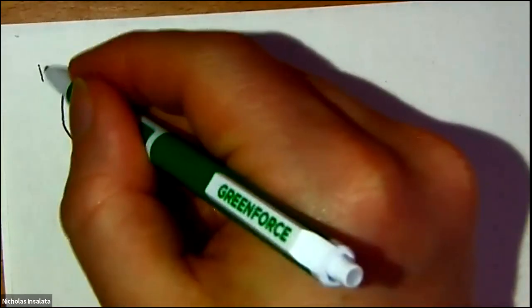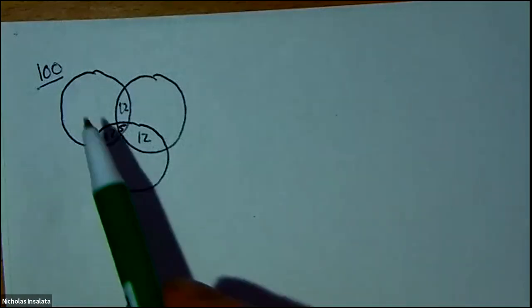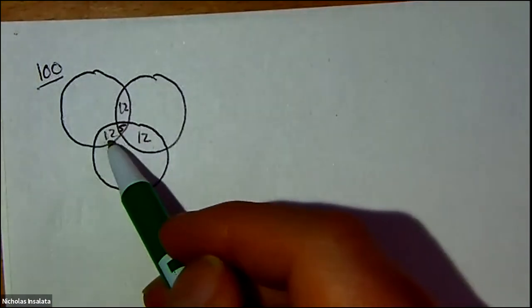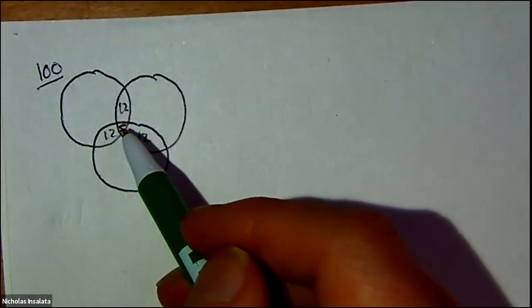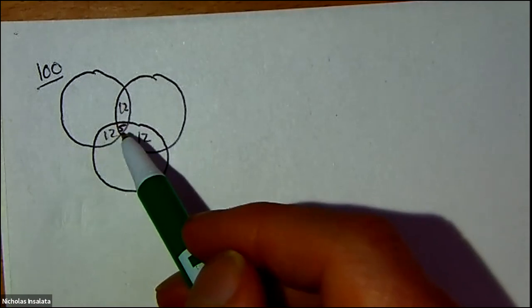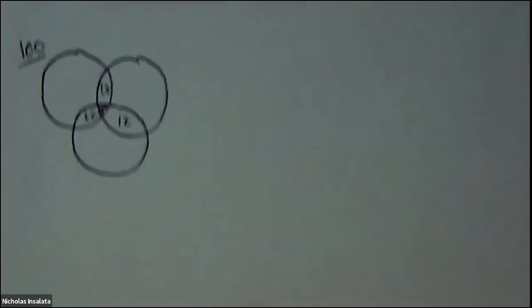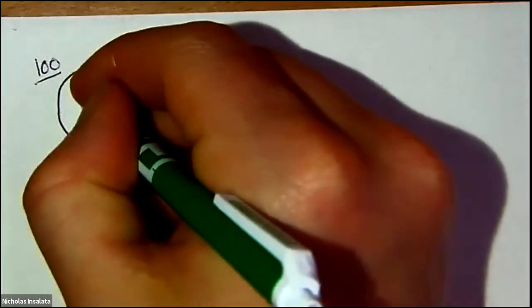Now let's take the first set, A1, which had 100 total elements. If there's 100 total elements, 12 here, and 5 here, then how many are going to be left in the big region? Yeah, 71, right? Because it'll be 100 minus 12 minus 12 minus 5. So we're going to subtract off 29, and 100 minus 29 is 71.